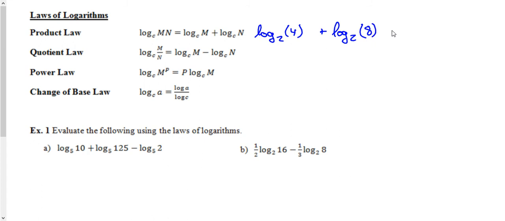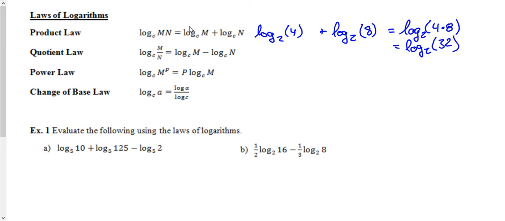That could be the same thing as saying log base 2 of, well, what's 4 times 8 together inside a function, and so that's log base 2 of 32. So 32 can be ripped apart into 4 and 8.